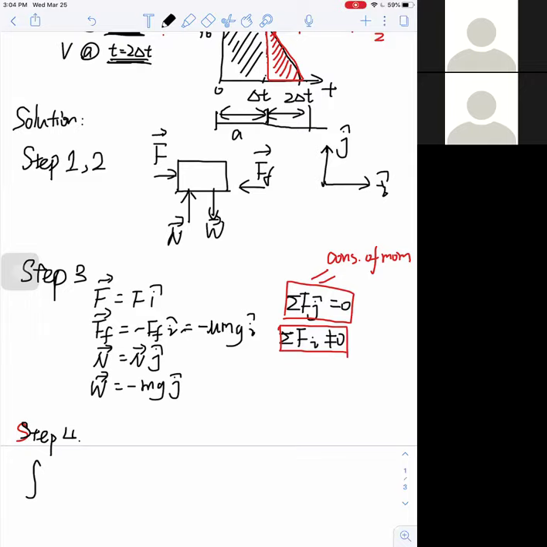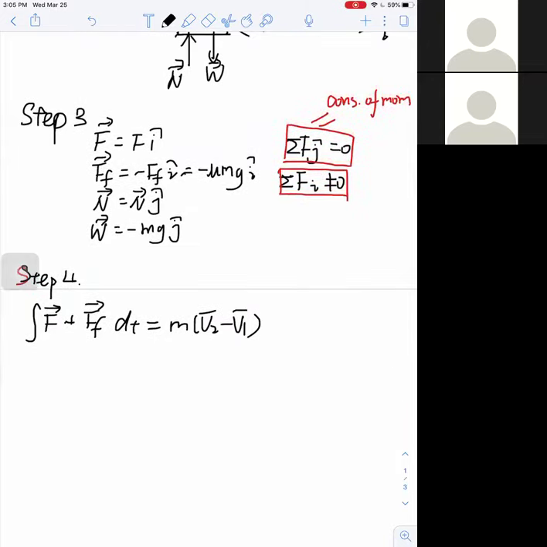And by using the sum of all the forces in the I direction we have F minus, that's friction force F plus, and that is dt equals m v2 minus v1. And we can write those forces in terms of I and J, in this case I. This is the I direction linear momentum equation.